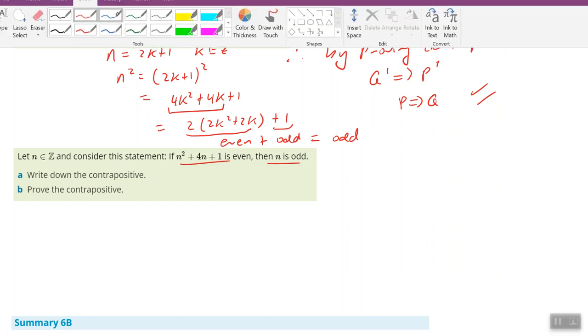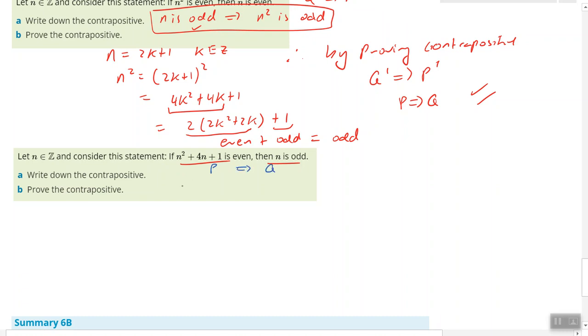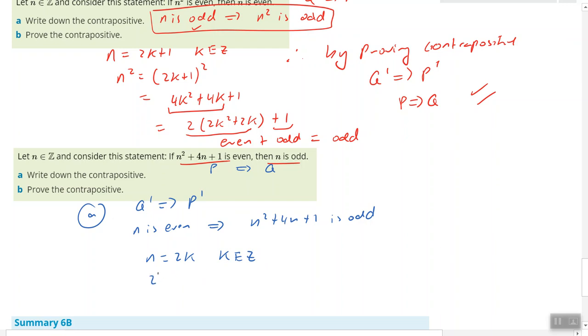Again, I'm going to define my P and Q: if P, then Q, then the contrapositive would be if not Q, then not P. So not Q is: if n is even, then n squared plus 4n plus 1 is odd.